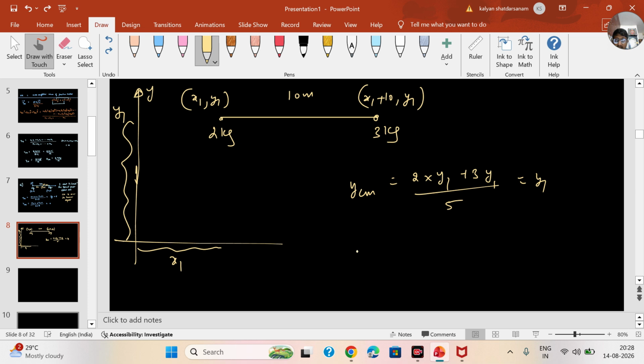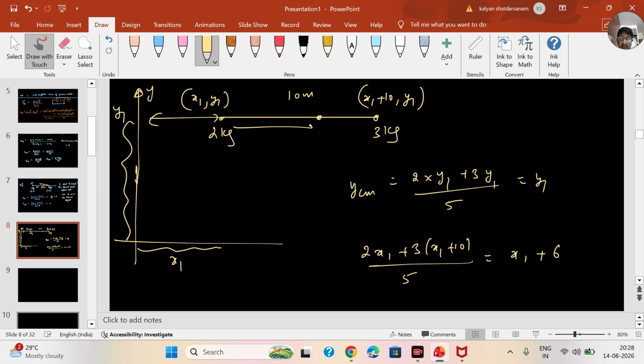What about the x coordinate? 2 into x1 plus 3 into (x1 plus 10), by 2 plus 3, that is 5. That is x1 plus 6. That means it is here: x1 plus 6. This is x1, this is another 6. So you see what I am saying. The distance of the center of mass from the 2 kg is 6 units. The distance of the center of mass from the 3 kg is 4. That did not change.